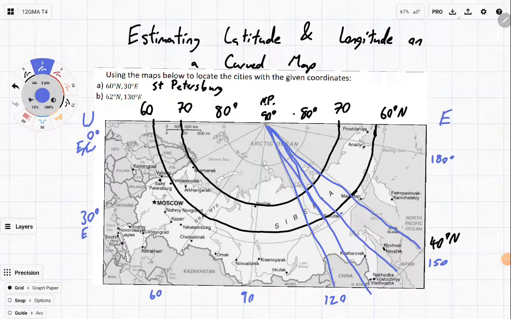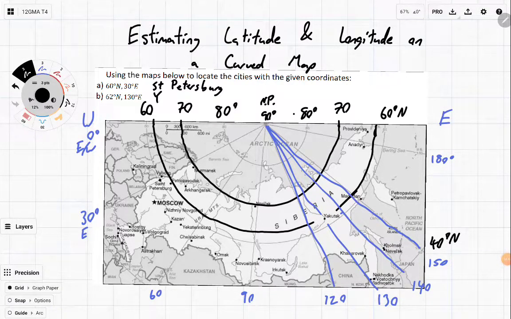Can be, once again, a little bit difficult to break into thirds, but we can just try our best. And so then we'd have 130, 140, and so the only place that's anywhere near it is Yakutsk. And that's indeed the place we were looking for.